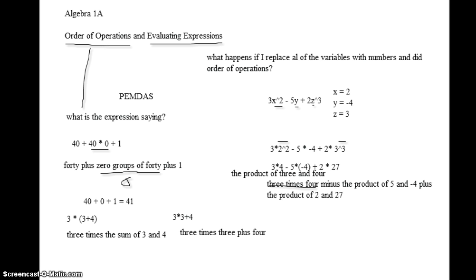Order of operations, when you write it out in English, helps you focus on the binary nature of math. When you're doing an operation, it's between two numbers. You just deal with those two numbers and don't mix in extra stuff.